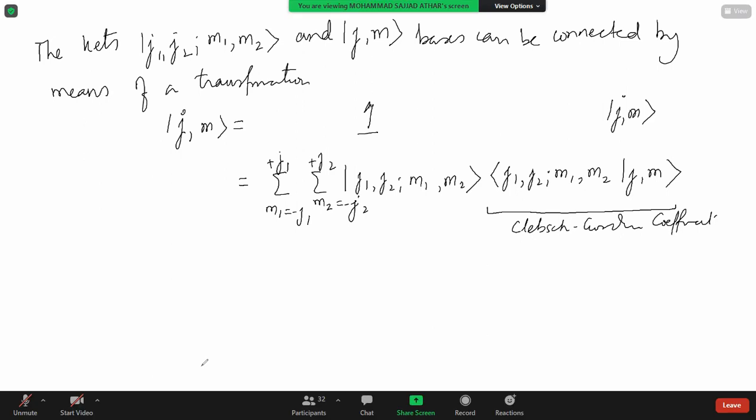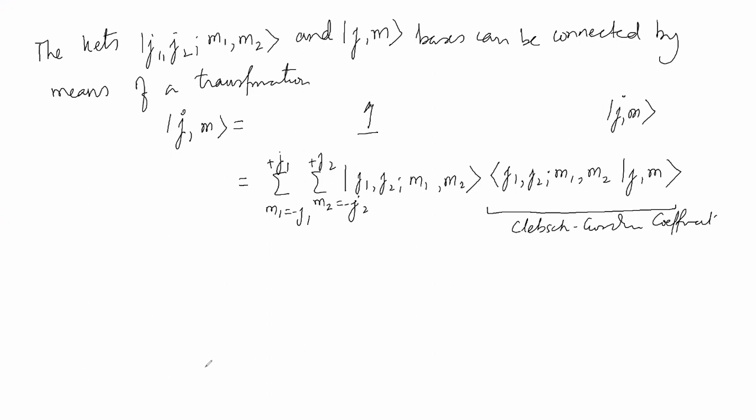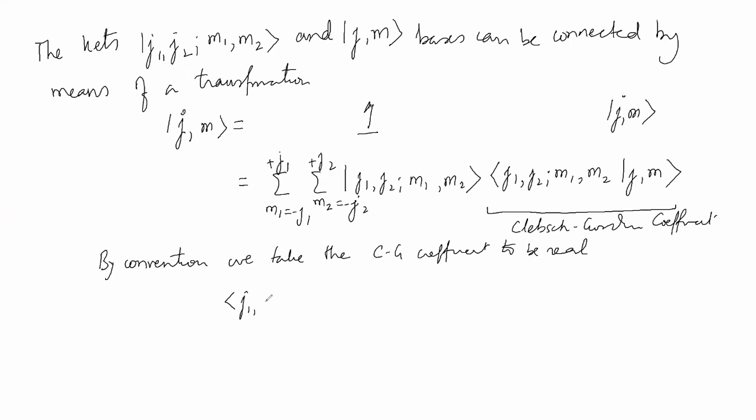And I have told you that by convention we take the Clebsch-Gordan coefficients to be real, meaning that the coefficient J1, J2, M1, M2, JM is the same as its conjugate.